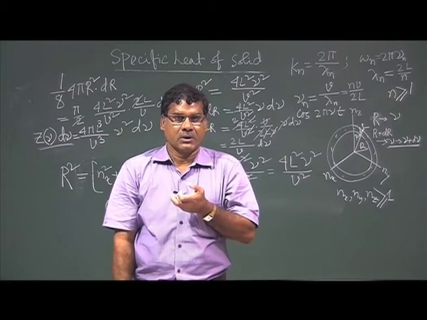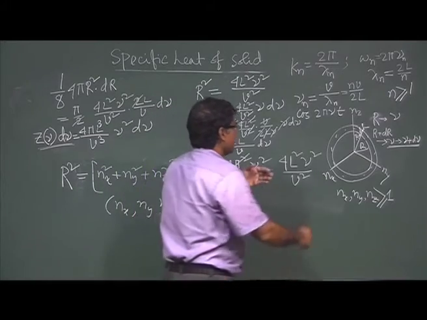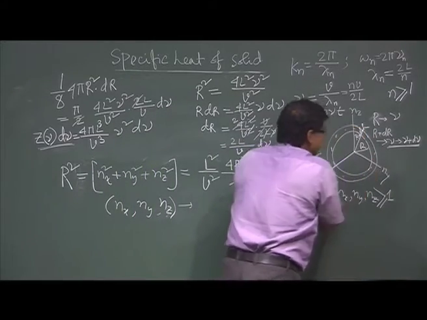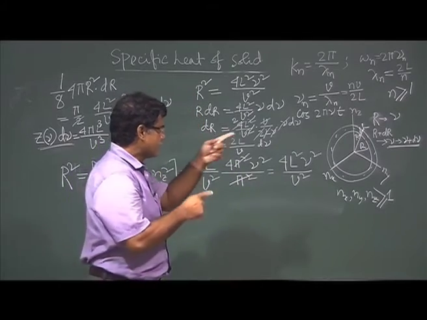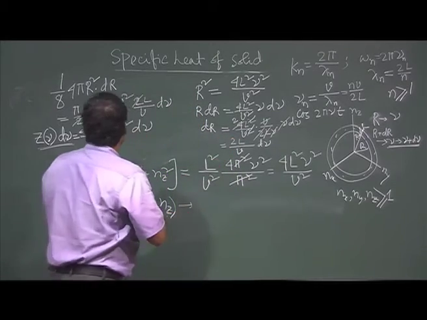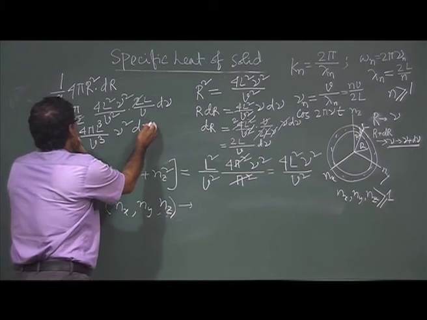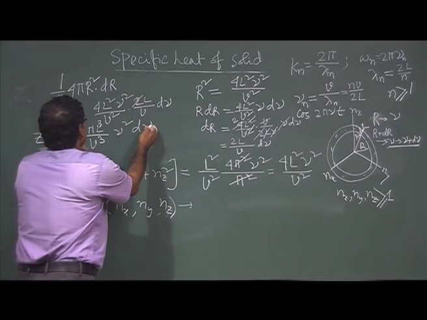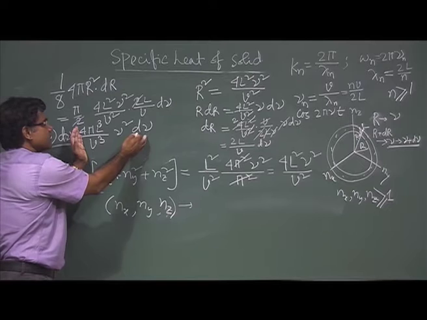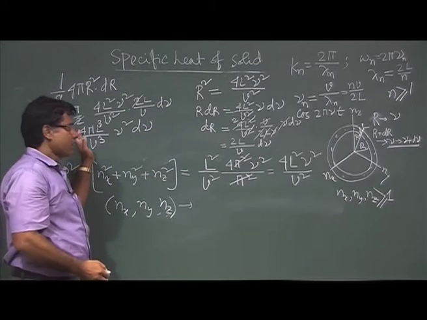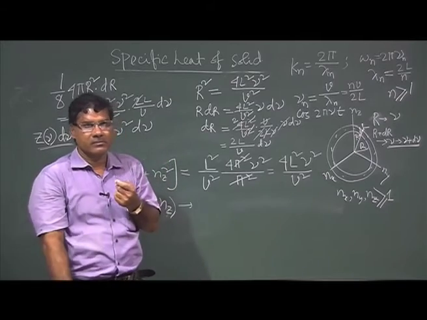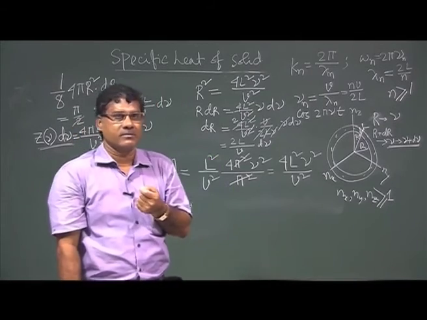So, what will be the total number of modes in that frequency range? This is the total number of modes having frequency nu to nu plus d nu.